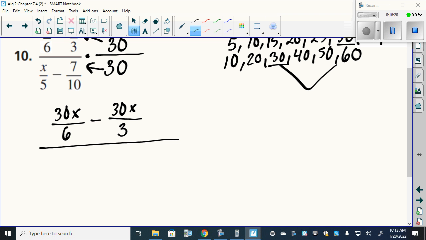So we'd have 30 times x for the first one over 5 minus, well, 30 times 7 is, because 3 times 7 is 21, so we just add a 0, 210 over 10.